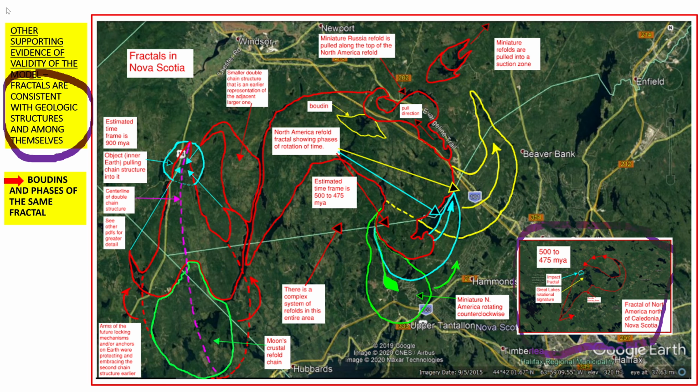It's basically supposed to be the North America refold rotating counterclockwise. Strangely enough, things are coming out of a certain point, like a whole city. I wrote that there's a complex system of refolds in this entire area, and a lot of them look like baby North Americas, like the one in green that I'm highlighting here.